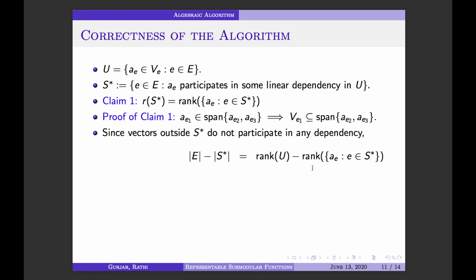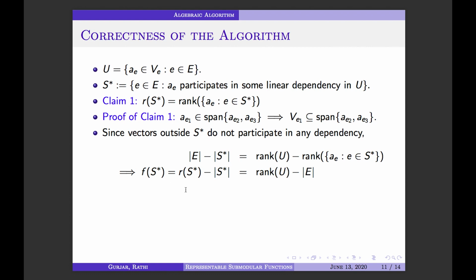Now we can use claim 1 to say that this rank highlighted here is the same as R of S star, and then we can rearrange this equation to get that R of S star minus cardinality of S star is the same as rank of U minus cardinality of E. So here we have just brought this cardinality of E on the right hand side and taken this rank of S star on the left hand side. Now note that this R of S star minus cardinality of S star is nothing but our function value on S star. So now we have gotten the function value on S star.